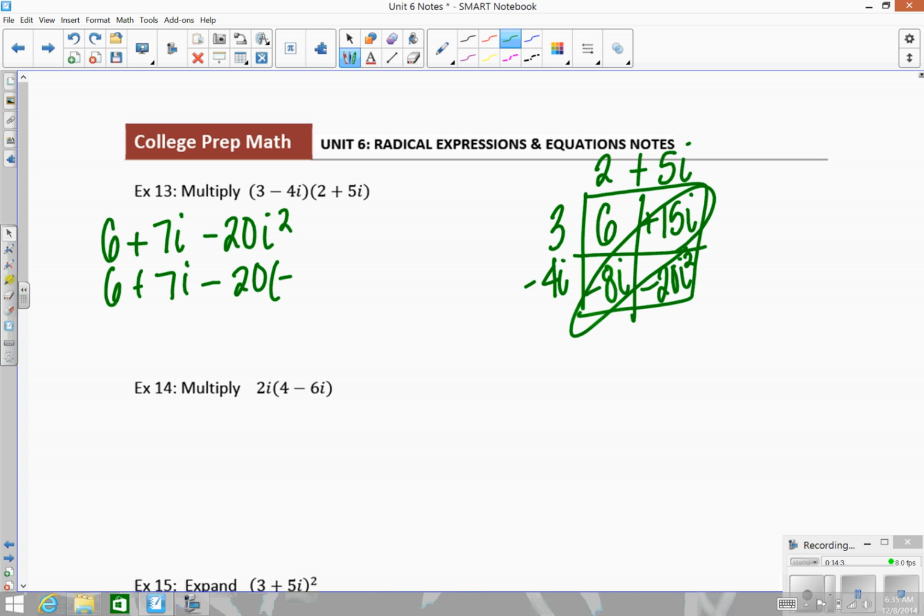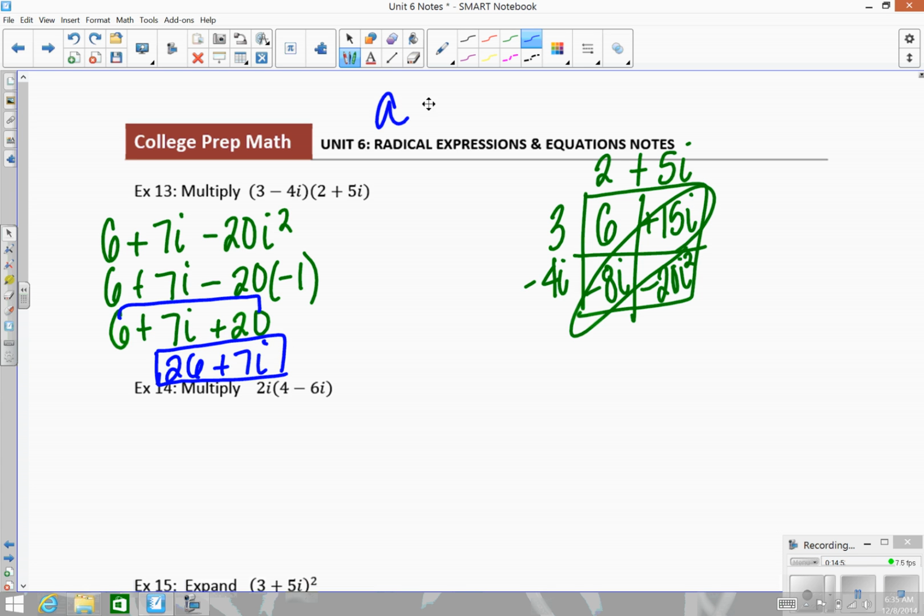So that's going to actually be a negative 1. So then this becomes 6 plus 7i plus 20, which means now I can actually combine these two numbers here. So I get 26 plus 7i. And again, remember, we always write the real number part first so that it's in a plus bi form. So that means the 26 would come first always.